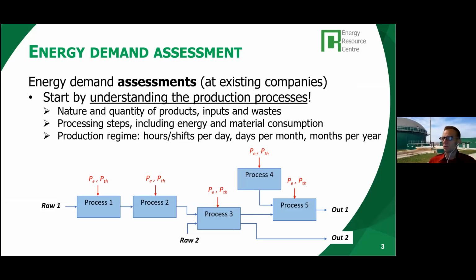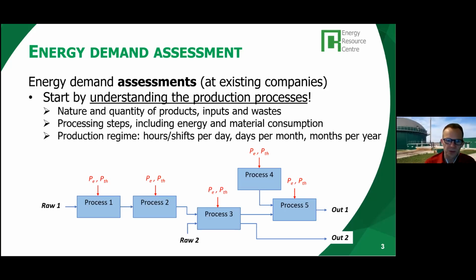It's important to start with a good insight of the different production processes that are taking place in the industry that you're looking at. So getting a good idea of the material streams, so raw materials.